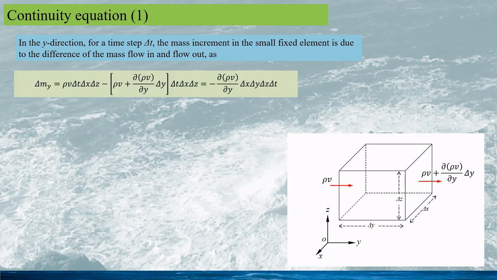The mass increment in the cube in the time interval is the difference between the flow-in mass and the flow-out mass.